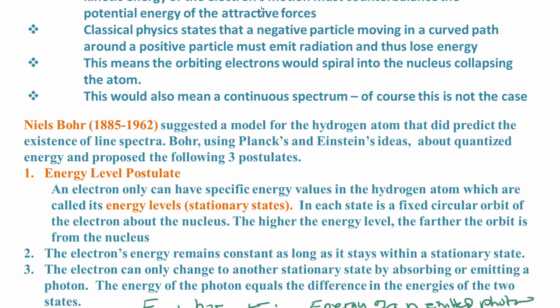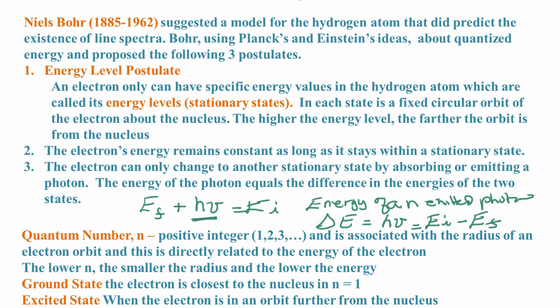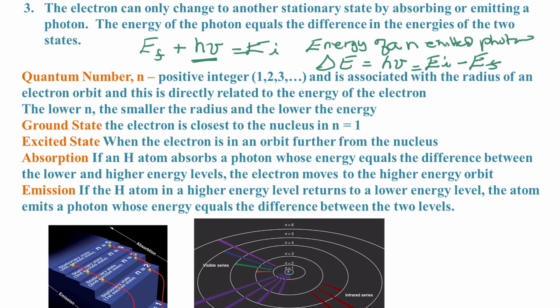So that's the energy of an emitted photon. When a photon is emitted, that means that the electron is at a higher energy level and it drops to a lower energy level. That's when we see that light if it's in the visible region. We'll see those colors like with the strontium and the flame test.